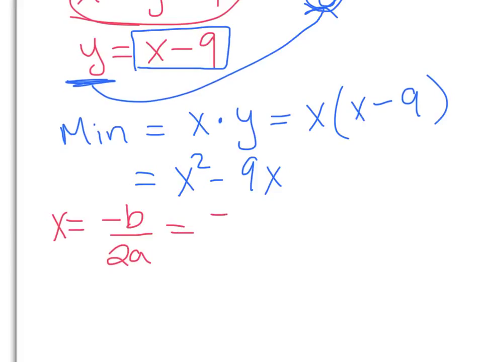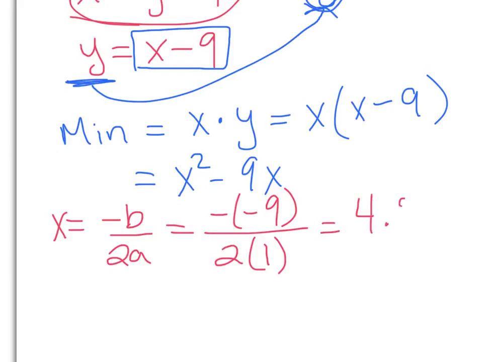So we've got negative times negative 9 divided by 2, and that gives us a result of 4.5.